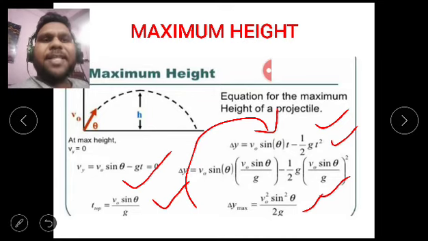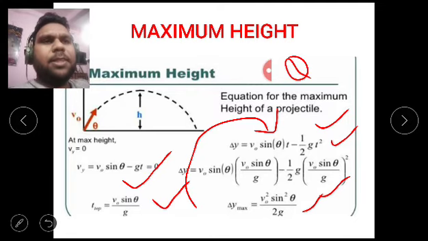And when will the maximum height be maximum? The height will be maximum when sin square theta becomes equal to 1, and sin theta becomes equal to 1 at theta is equal to 90 degrees.